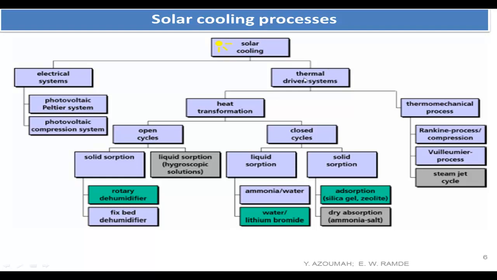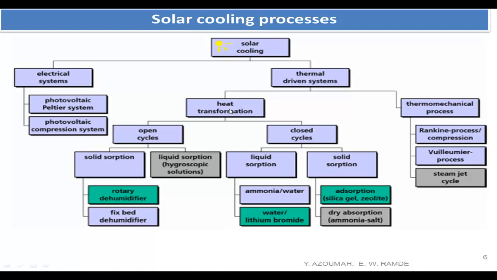If you take the thermal driven systems, within that it can be broken down into heat transformation and thermomechanical processes. Within the thermomechanical processes, you could have the Rankine process, the Volumier process, and the steam jet cycle or steam ejector cycle.